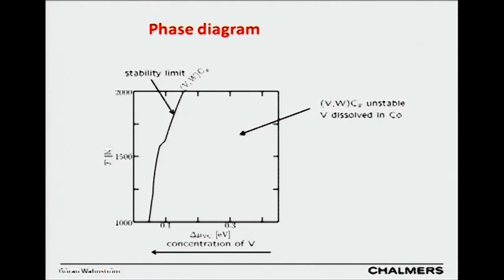For low concentration of vanadium, you have vanadium dissolved in cobalt, and then you reach the stability limit, and the bulk phase of vanadium carbide becomes stable, and it's a mixed phase. But then something could happen in this region where you have dissolved vanadium.